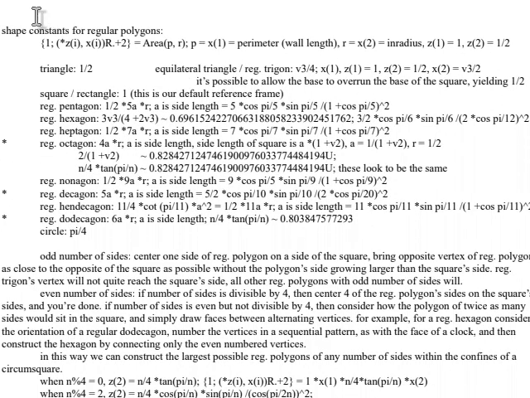Tinkered around a little bit with shape constants for regular polygons with respect to an embedding square. So basically the reference frame, the reference shape that you're considering is a square. So its area is 1, and then all the other regular polygons up to the circle are embedded in that.